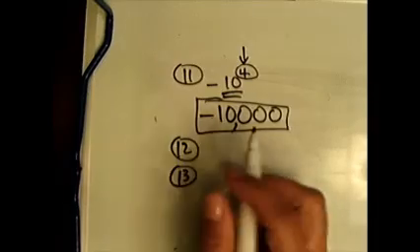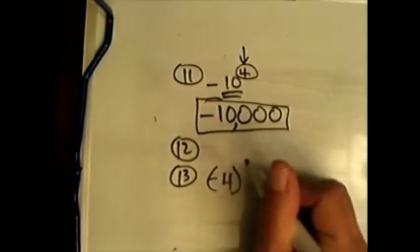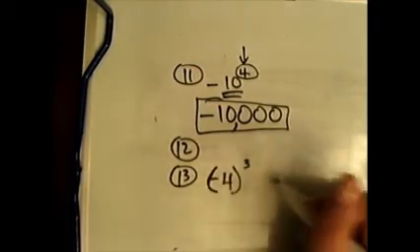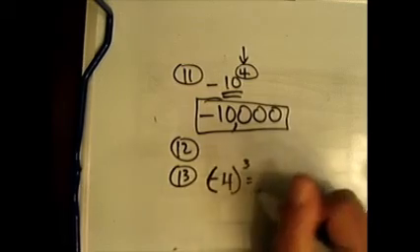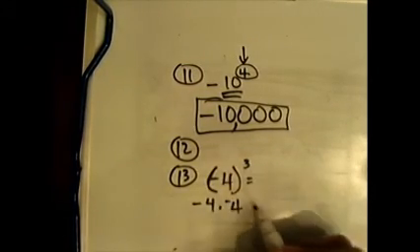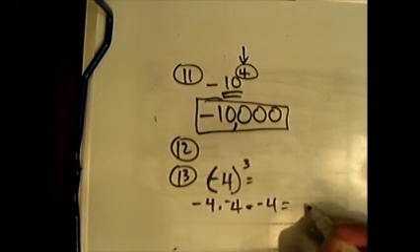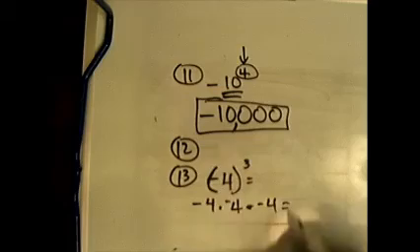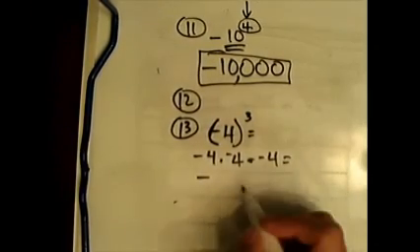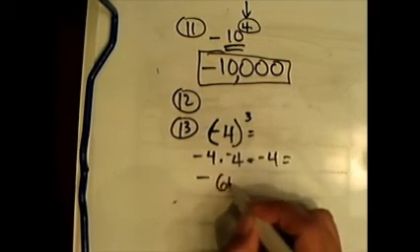Number 13, we have a negative 4 to the 3rd power. Now the wonderful thing about this is the negative is in the parentheses, so that means it is negative 4 times negative 4 times negative 4, that equals a negative 4 times 4 times 4, which is negative 64.